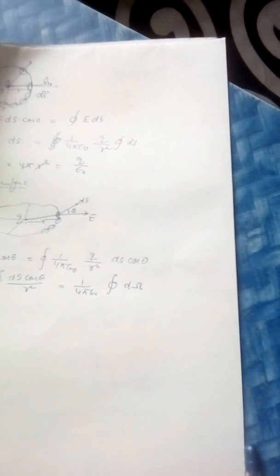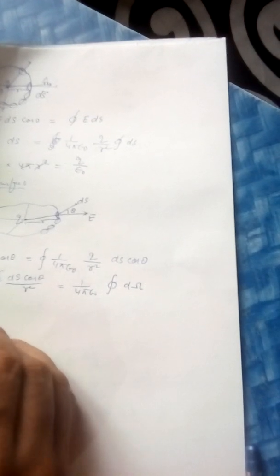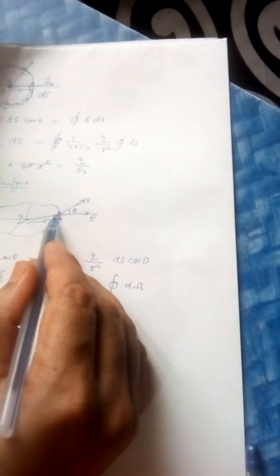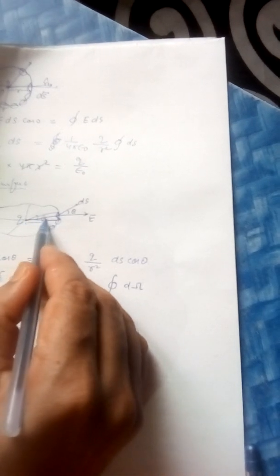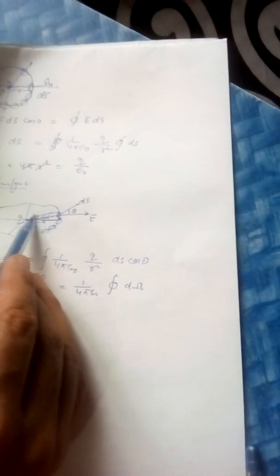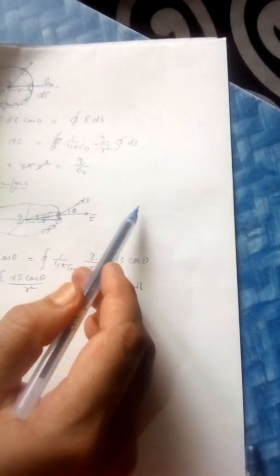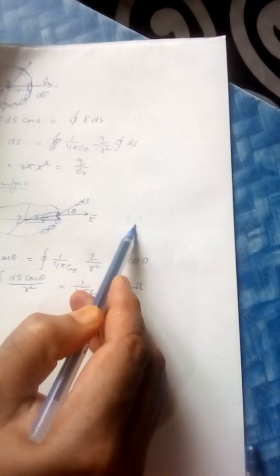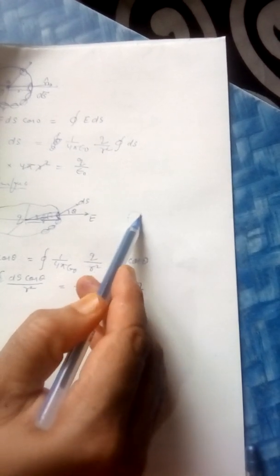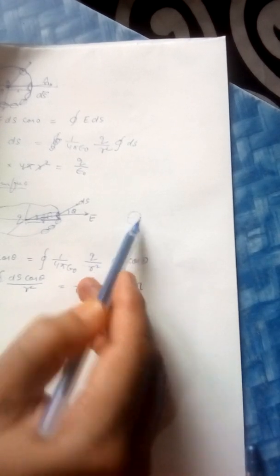And we have discussed that if you go on adding these small solid angles d phi, you will get 4 pi. This you have to understand. In plane angle, suppose this is a plane of paper, if you add the small angles you get the total angle as 2 pi.